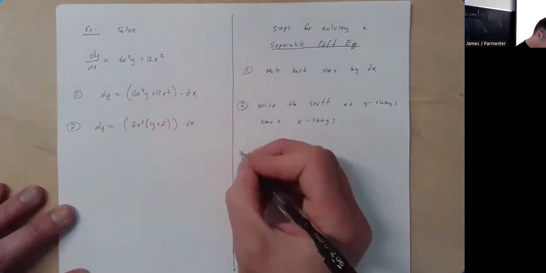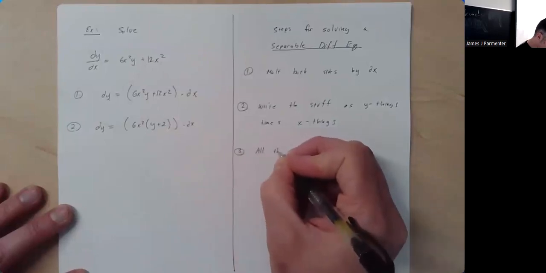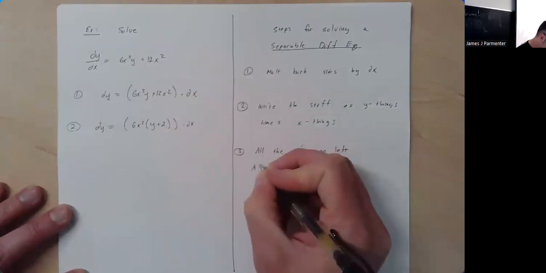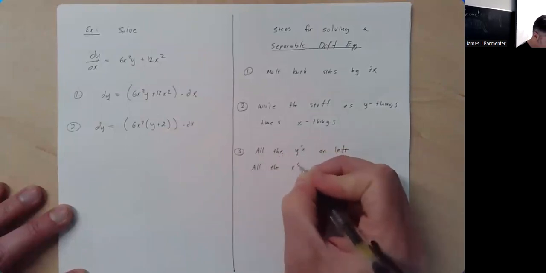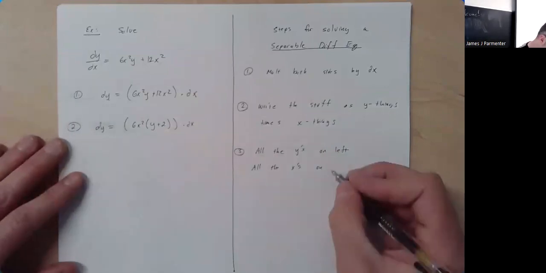And then the third step is we want all the y things on the left, all the x's on the right. Again, I should really say we want all the y's on one side, all the x's on the other side. I typically do it this way, so the y's are on the left and the x's on the right. But if you do it another way, you know what you're doing.